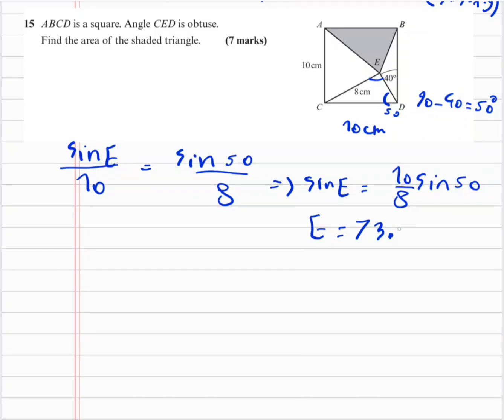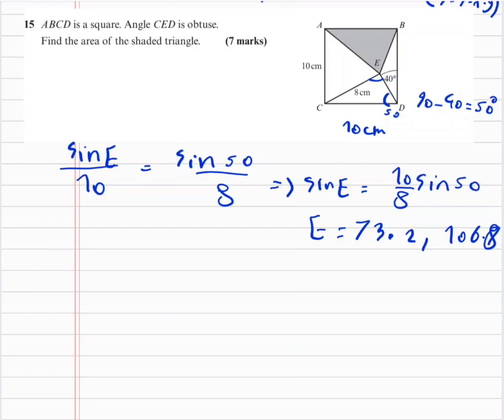The first value is 73.2 and the second value is 106.8, to four significant figures. However, as we are told in the question, angle CED is obtuse, so we accept this value.